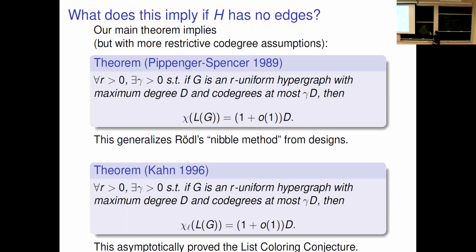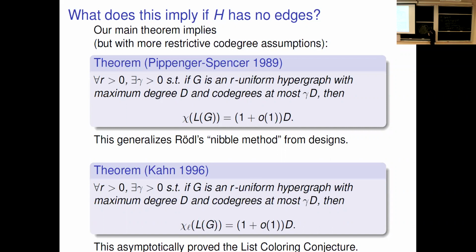Instead of trying to find a matching in this whole graph, we take edges independently, uniformly at random with some probability depending on the maximum degree. So we take some little chunk out of the graph and we want to digest that. Instead of trying to take on the whole hypergraph, we take a little nibble out of it.